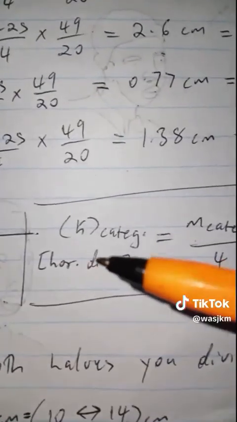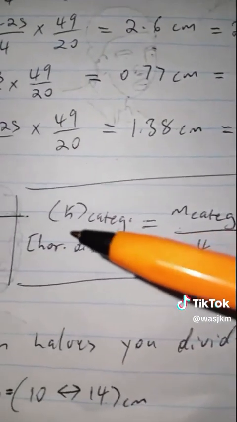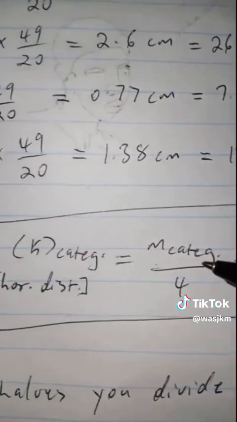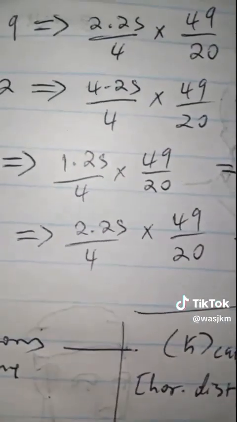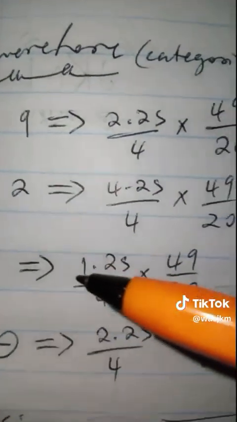And finally, you can use this special formula to determine each horizontal distance of the 4 categories of the target board.